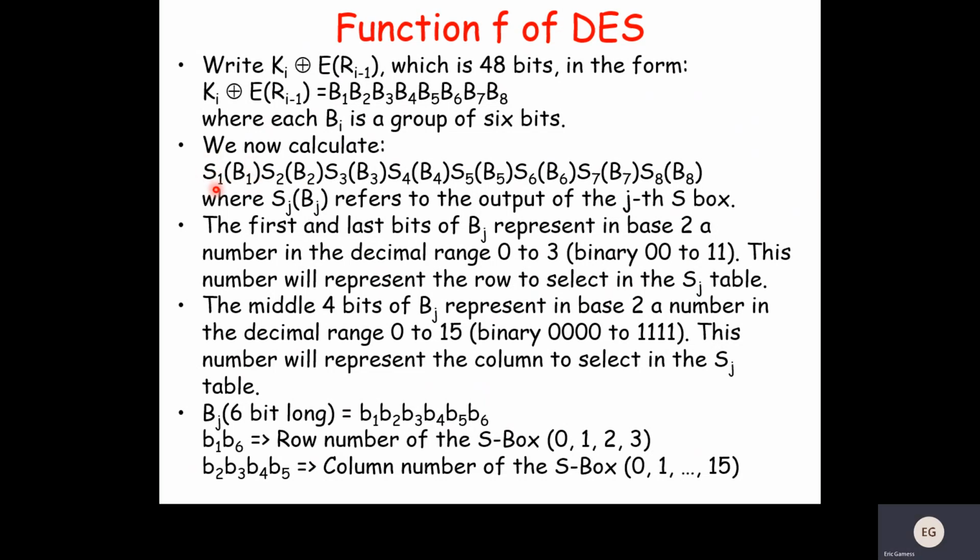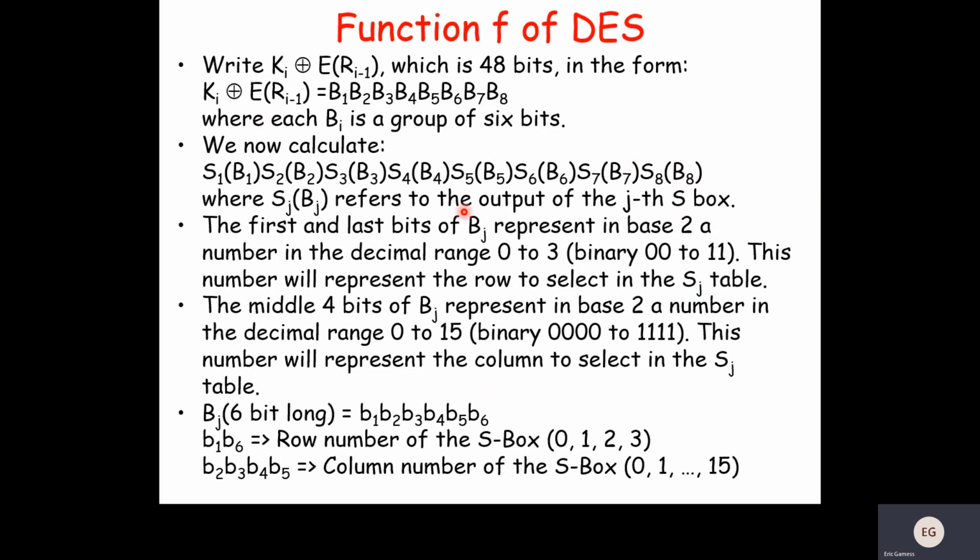This result will be 4 bits. Then for the second block, which is 6 bits long, you apply the second S box, S2. You will get 4 bits. So you get 4 bits here, 4 bits here, 4 bits here, up to 4 bits here. So 4 times 8 is 32. So the result will be 32 bits.